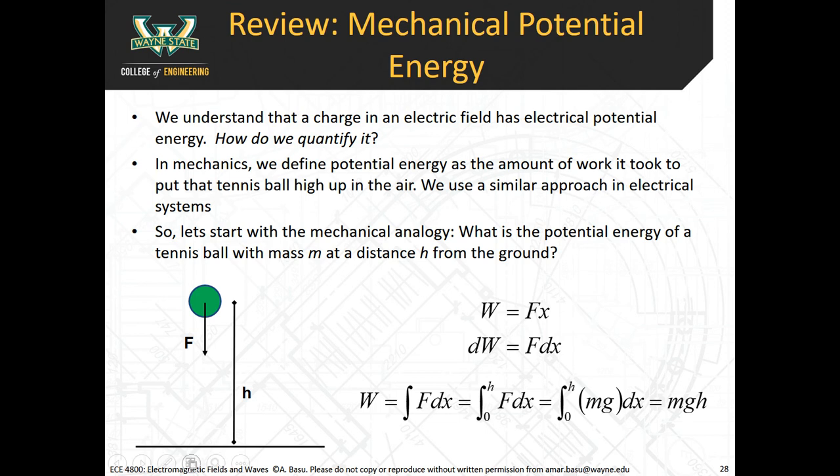The amount of work that it took to put this tennis ball up there is the amount of gravitational potential energy that tennis ball now has. m is the mass of the tennis ball. g is the gravitational constant, 9.8 meters per second squared, and h is the height, how much you moved it up.